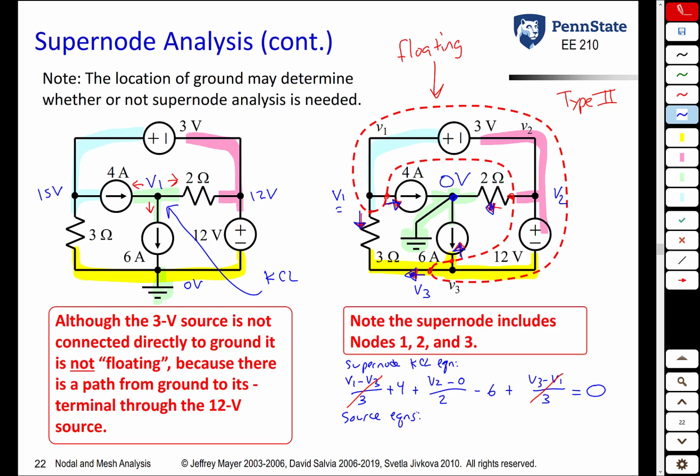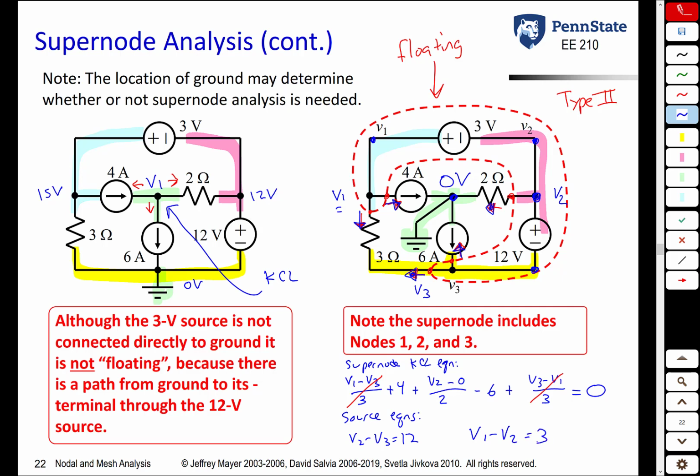From the 12 volt source, we know that the pink node is 12 volts higher than the yellow node, so V2 minus V3 is 12. Likewise, from the 3 volt source, we know that V1 is 3 volts higher than V2. So the second source equation is V1 minus V2 is equal to 3.